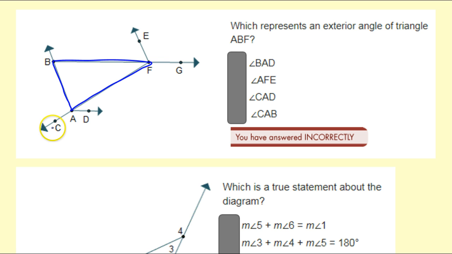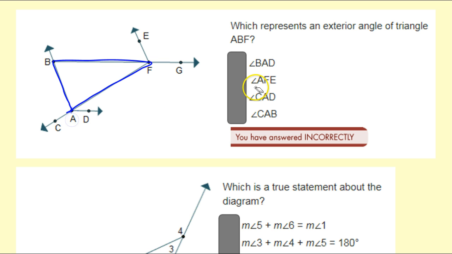Let's see, angle CAD. Alright, again, that's going to be a no. Because say if I extend this line like this, this would be an exterior angle over here. Angle CAB would be an exterior angle, but not this angle over here, because this is a bent line. It's no good.